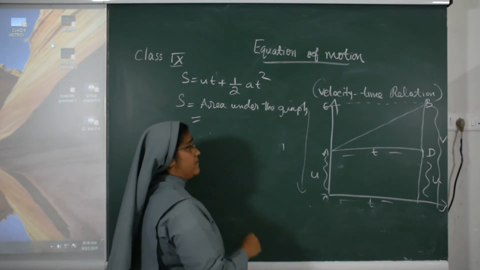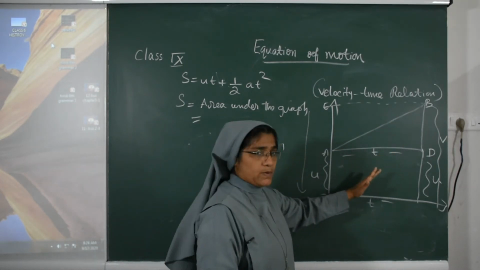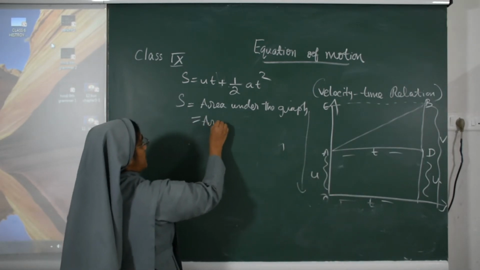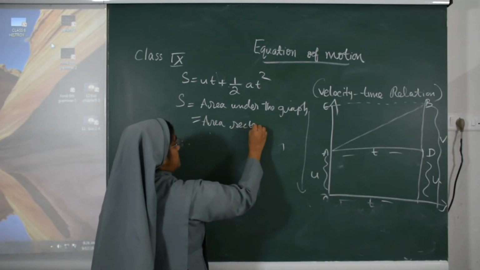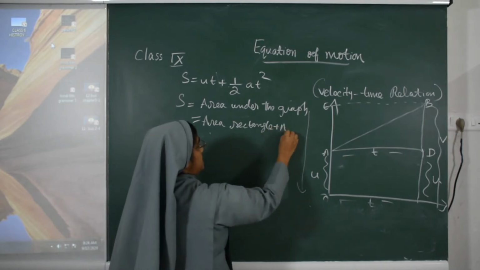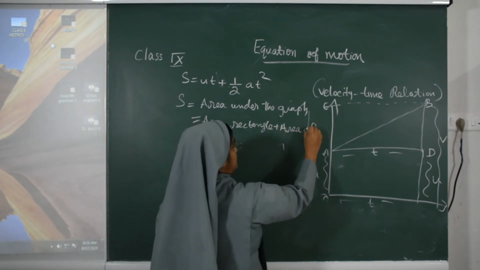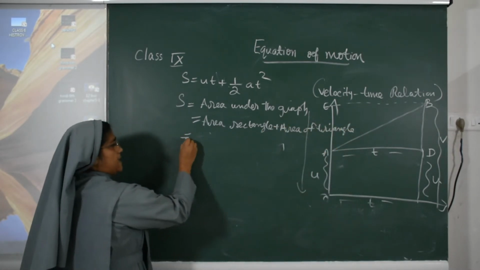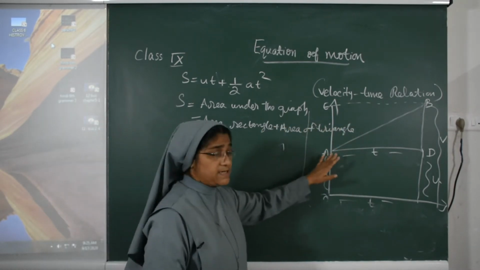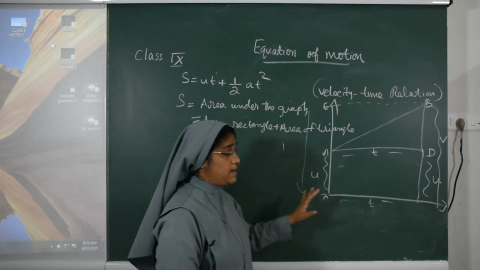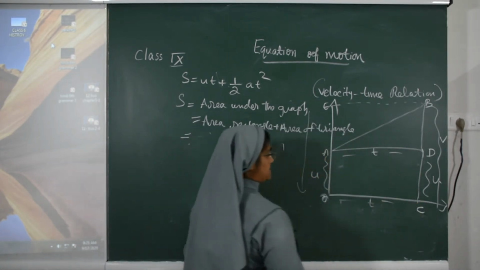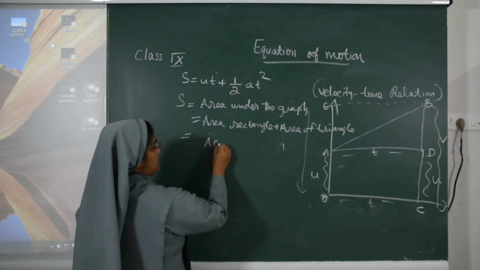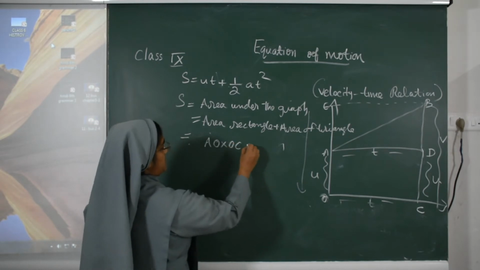This area we can divide into two, a rectangle and a triangle. So, area of a rectangle plus area of a triangle. Area of a rectangle means length into breadth, so AO into OC.